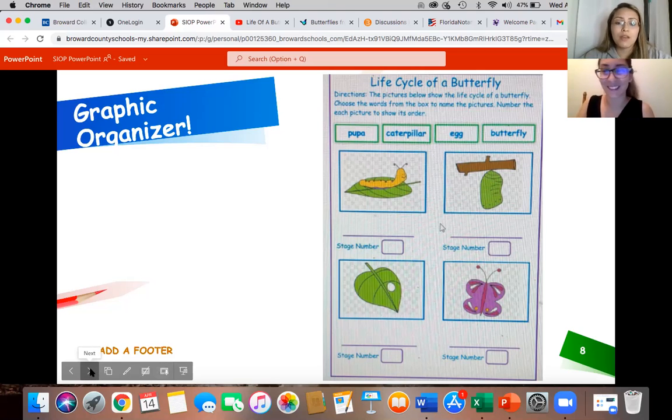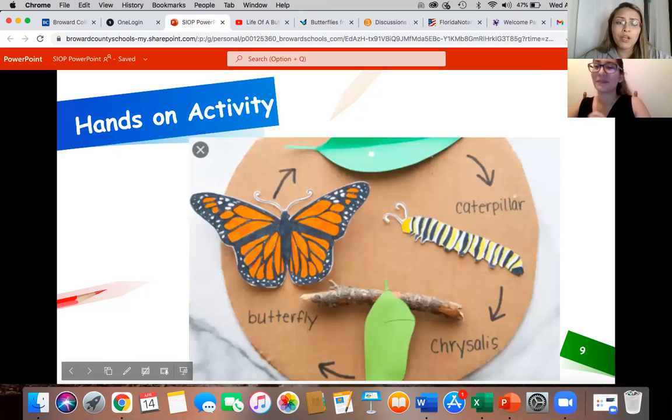Good job. So now we are going to get ourselves busy in pairs. We are going to select you randomly to put you in pairs. You have a sheet on your desk with the different stages of the life cycle of the butterfly, and then you have your circle made out of the carton box.